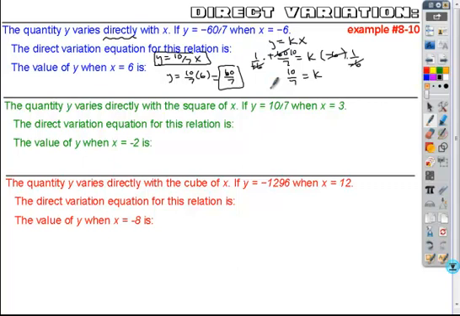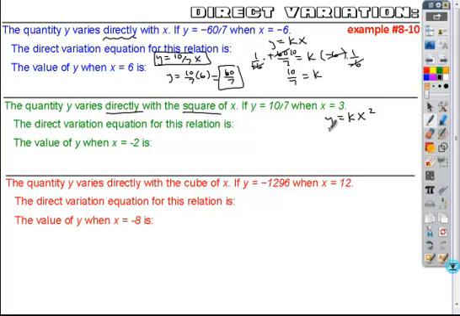I'm going to go ahead and do the green one too, because this one relates a power other than 1. You have direct variation, and it says y varies directly, so that means equals k times. Anytime you see varies, you're basically saying equals k times whatever comes next. Direct means I multiply by what I see, the square of x. So I get y equals k times x squared.